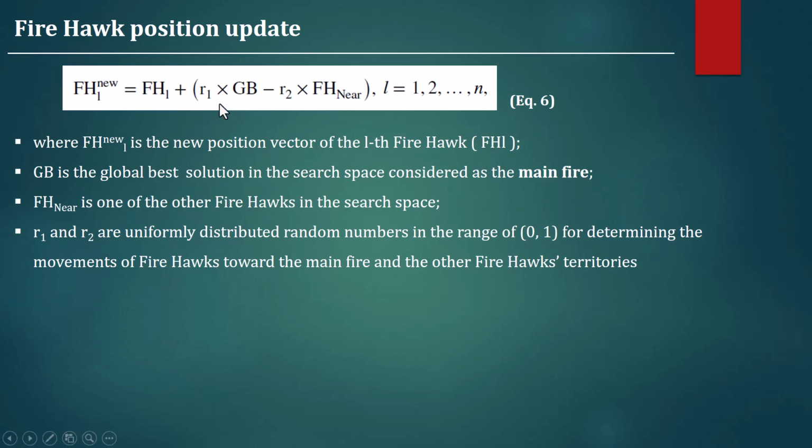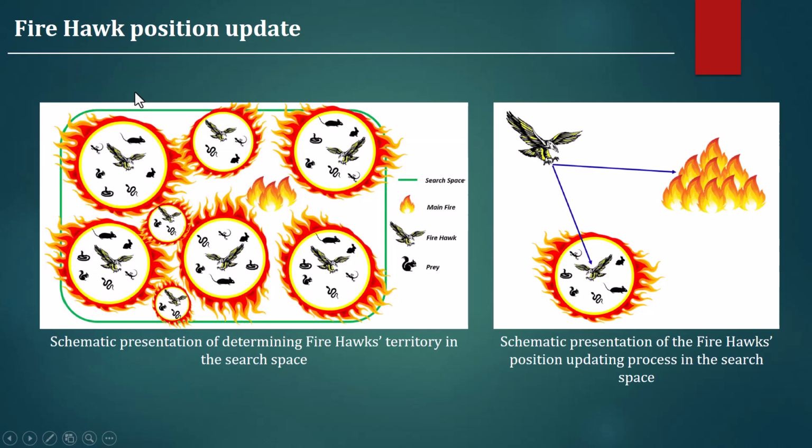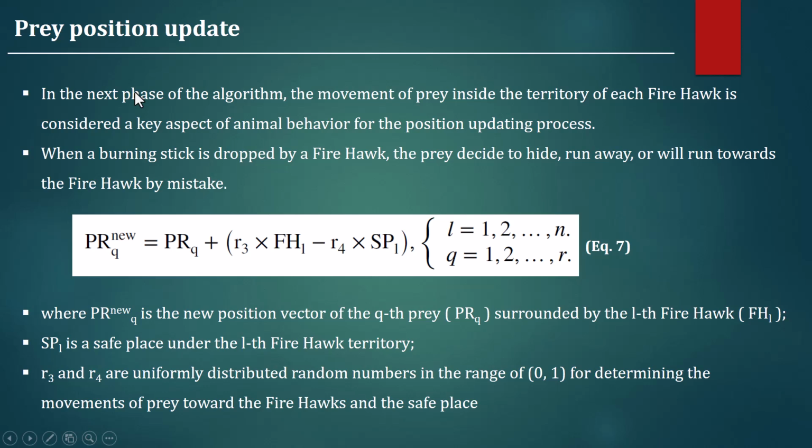R1 and R2 are random variables between 0 and 1, and FH near is the nearest alternate firehawk. Using this formula, we will update the current position of the lth firehawk. This is the simulation.